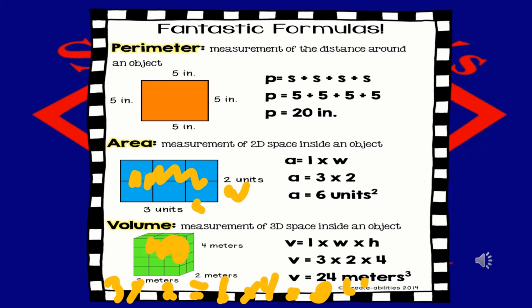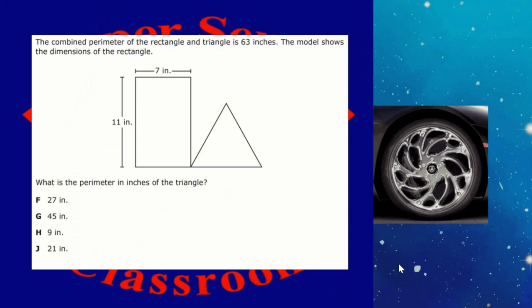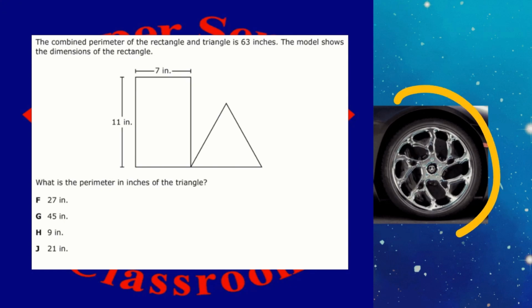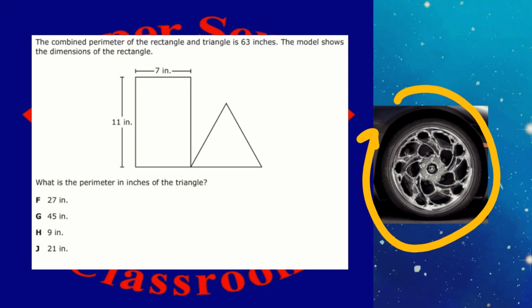Let's go ahead and get started with our first one, which is perimeter. If you can see over here, I got the rim going round and round. That's why I have it going round and round. So let's go ahead and read the question. The combined perimeter of the rectangle and triangle is 63 inches. The model shows the dimensions of the rectangle.